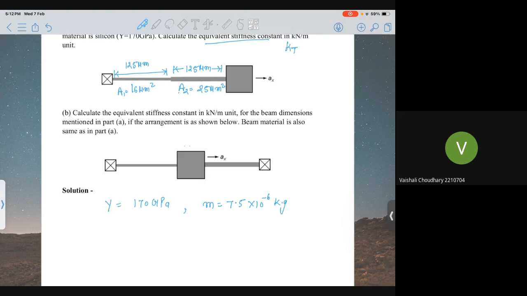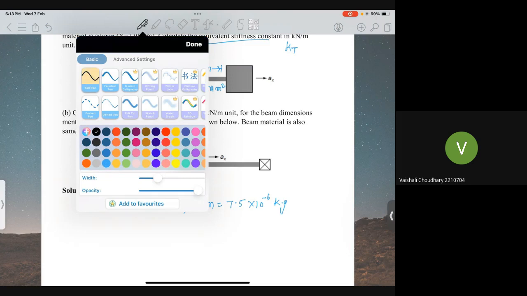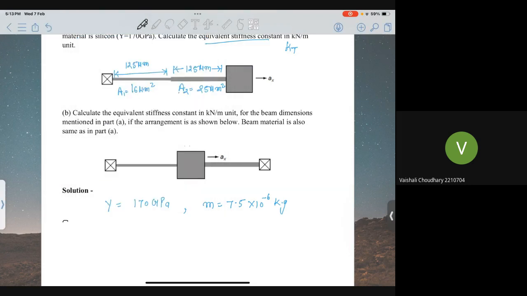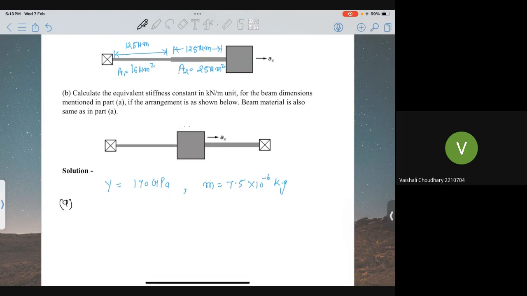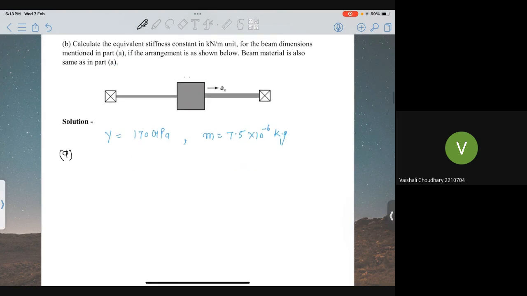So in first part, we have to calculate stiffness constant. So first we'll start with part A. If you notice carefully, for part A, we can draw an equivalent diagram like this.